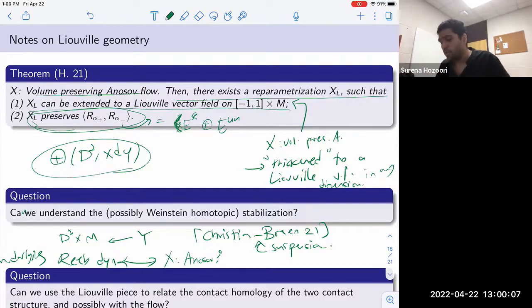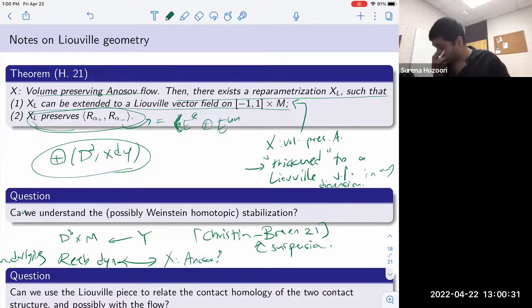And let me also say that we can also discuss relating these two contact structures directly to themselves. Can they have different contact homologies, for instance? Well, these are all more or less wide open. They're not necessarily super hard. They just haven't been discussed.